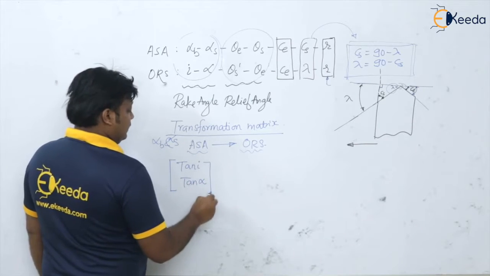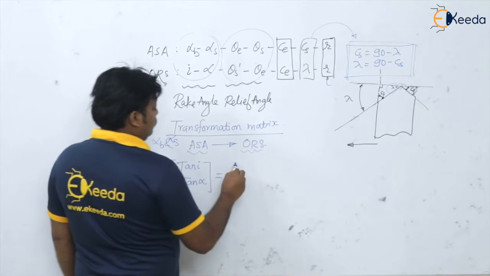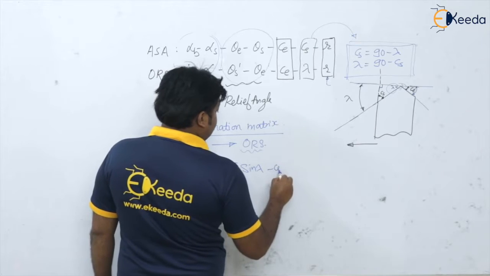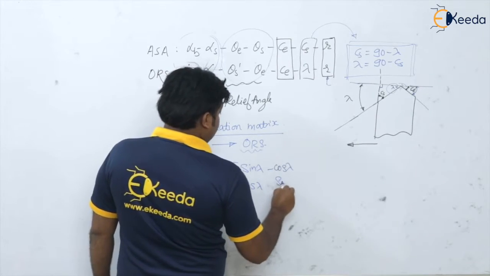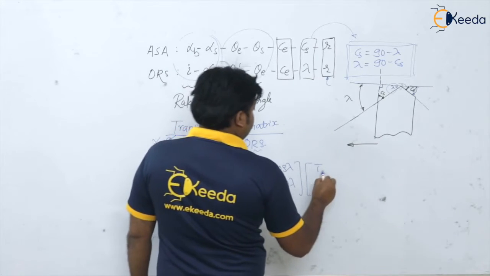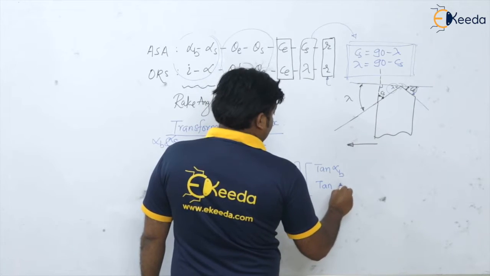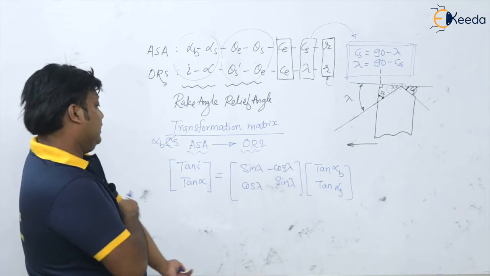The matrix is like this. tan I and tan alpha is equal to sin lambda, minus cos lambda, cos lambda, sin lambda, into tan of alpha b and tan of alpha s. So please remember this matrix.